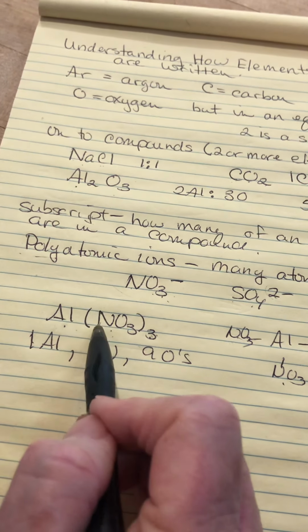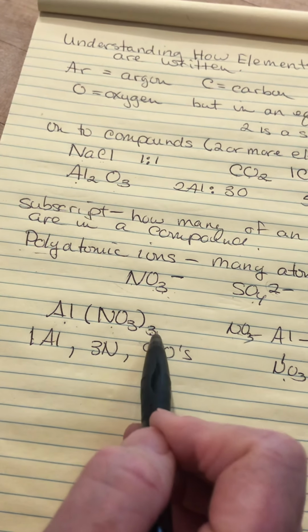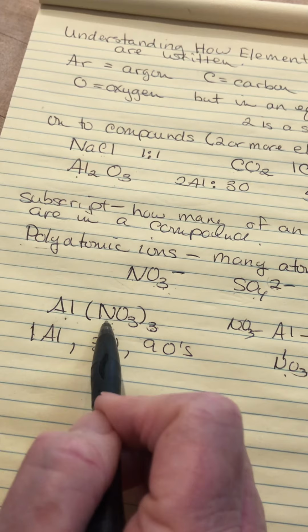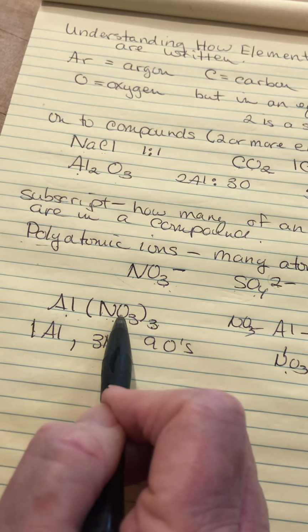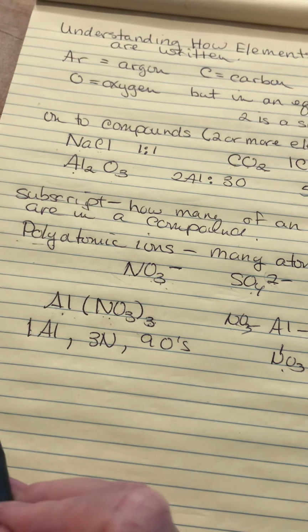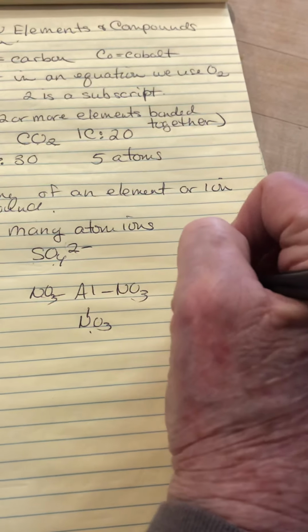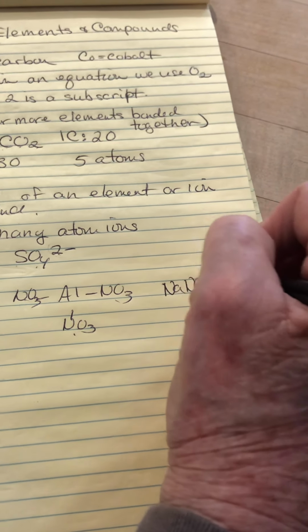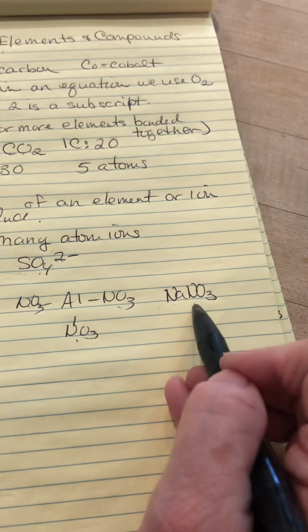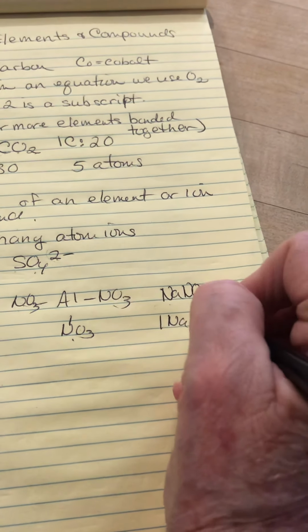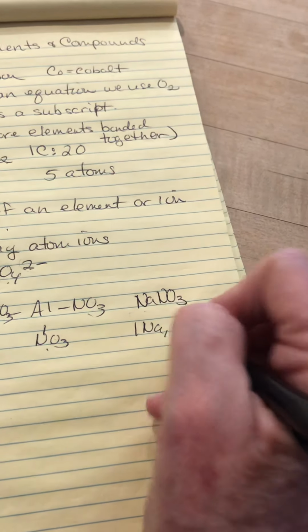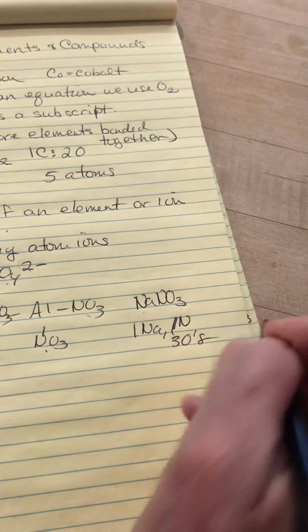What's immediately before it is in parentheses, so everything inside the parentheses gets multiplied by 3. The oxygen was multiplied by 3 before that, and the aluminum is still 1. Now, I could have a polyatomic ion like sodium nitrate, NaNO3. There's only 1 sodium and 1 nitrate ion, so I'd have 1 Na, 1 N, and 3 O's. But right now we're dealing with the parentheses.